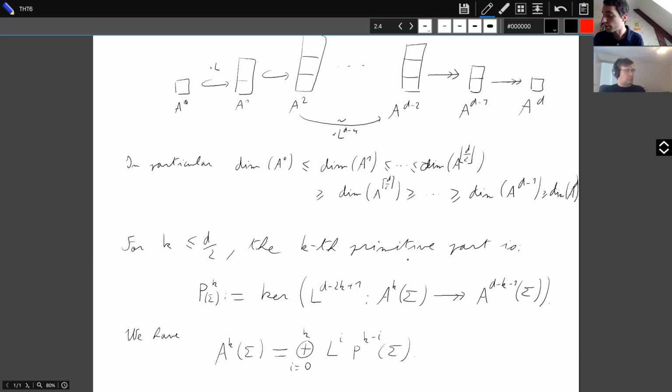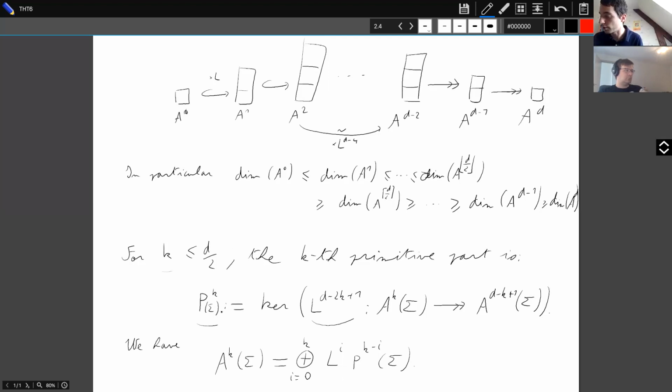And another thing we can have with the Hodge-Lefschetz theorem is that if K is at most half the dimension, I can define the Kth primitive part to be the kernel of, instead of L^(D-2K), which is an isomorphism, I multiply by L once more. And so here I am surjective, but it's no more an isomorphism. It's just a surjection, and I define the Kth primitive part to be the kernel.